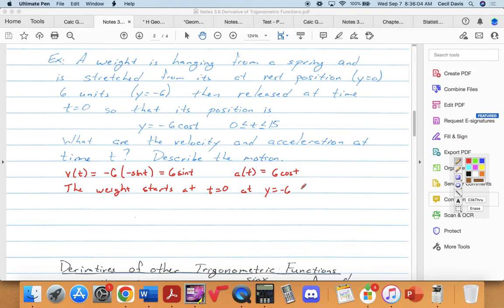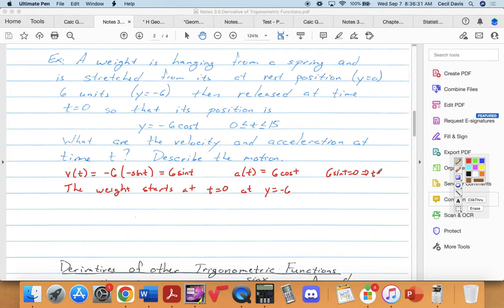The question is, well, how long does it move upwards? Well, it's going to move upwards until the velocity is 0 again. So I need to figure out, well, where is 6 sine of t equal to 0? So that's going to be wherever sine of t is equal to 0.